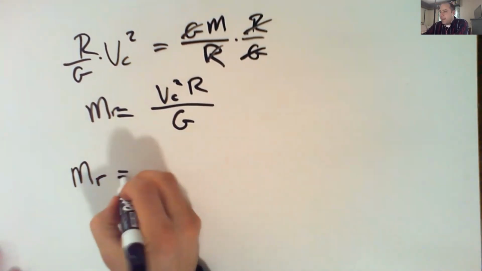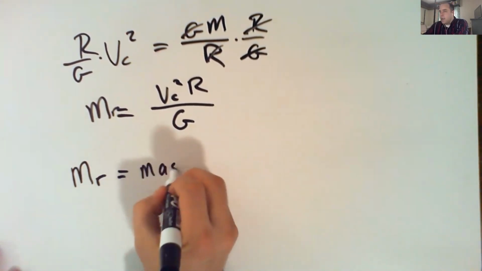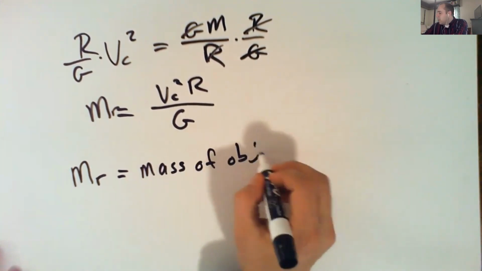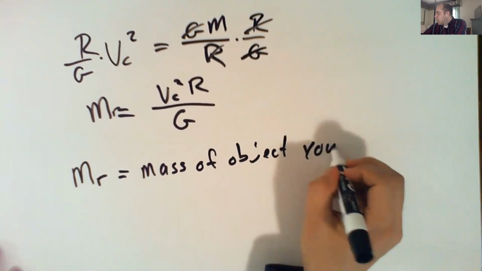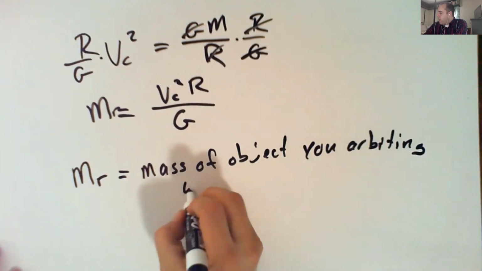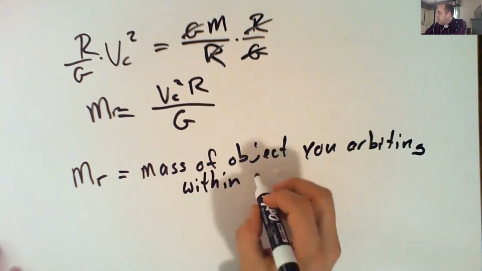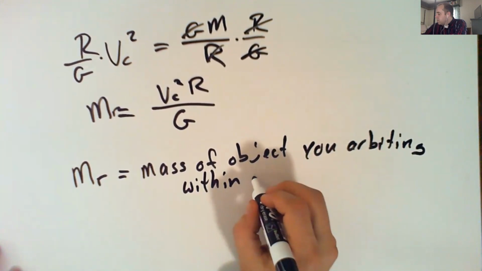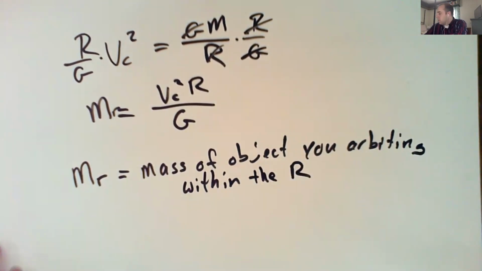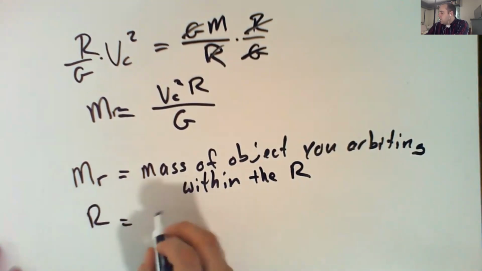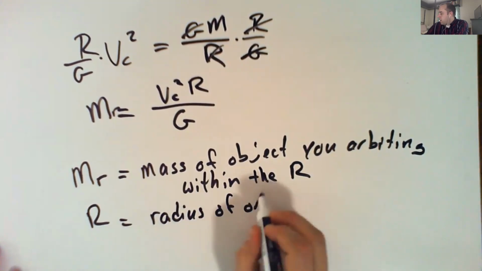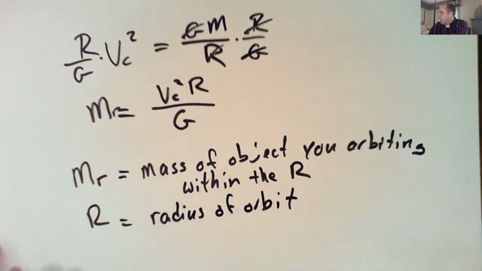It is, in fact, the mass of the object you are orbiting within the radius of your orbit. r is the radius of your orbit, how far you are away from the center of that thing.